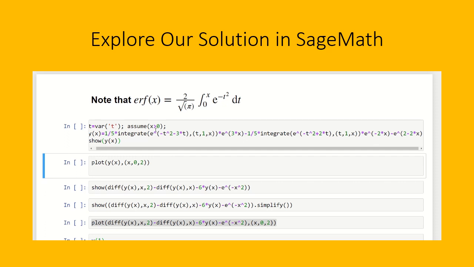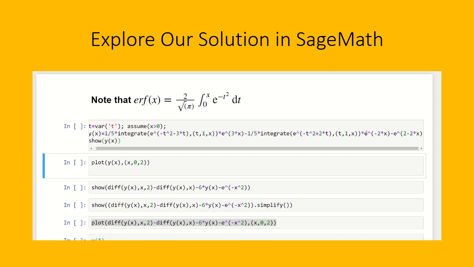So let's look at the solution that we got to this last problem. We're going to, in cell 1, produce that solution. y of x is 1/5 the integral of e to the minus t squared minus 3 times t, integrated t going from 1 to x, and that integral is multiplied by e to the 3x, minus 1/5 the integral of e to the minus t squared plus 2 times t, integrated where t goes from 1 to x.